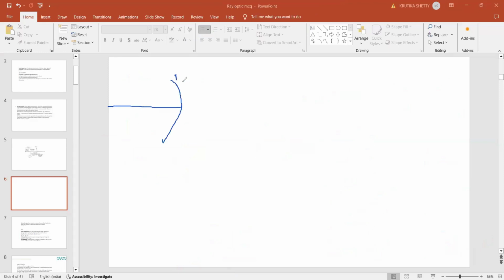You can observe, if you want, once again. XY is the concave mirror, P is the pole. AB is the object. The next ray I am taking parallel to the principal axis, incident ray, reflected ray. So this is the incident ray.